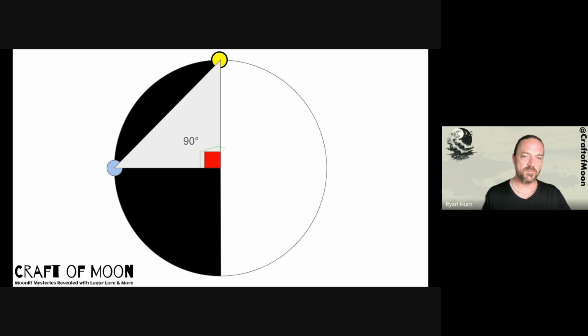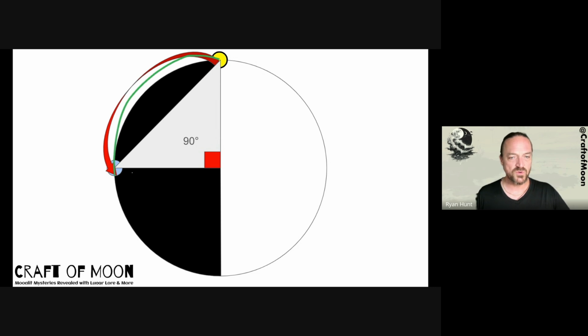You don't need to worry about that right now. I don't want to get too technical with the geometry terms, because what's important is the sun and the moon, and understanding that it's the arc from the sun to the moon that we're measuring 90 degrees of arc. And that's where we get this first quarter moon.